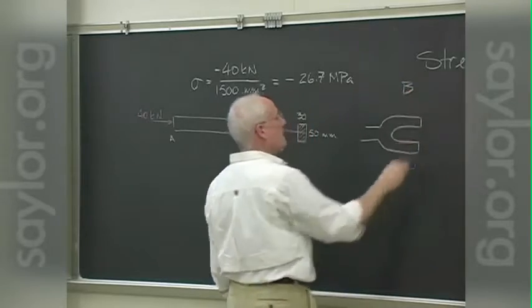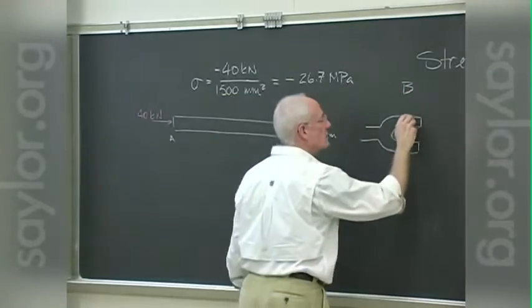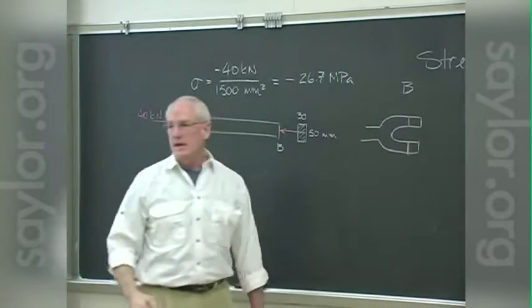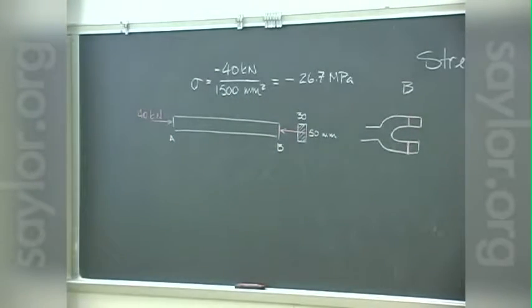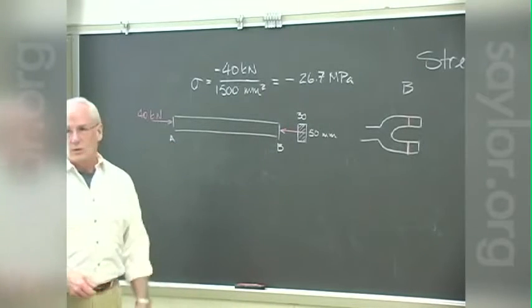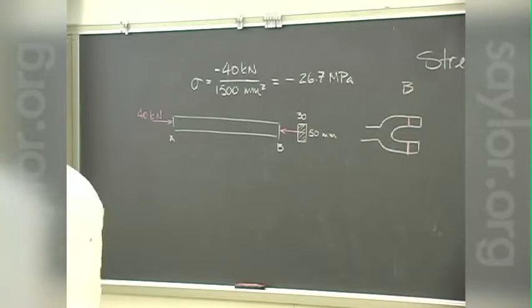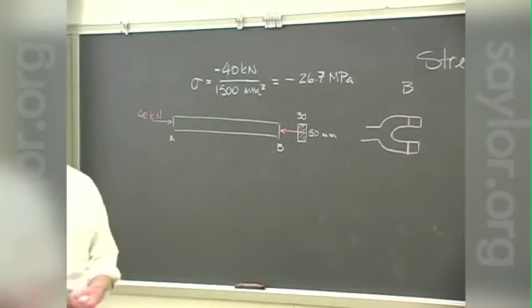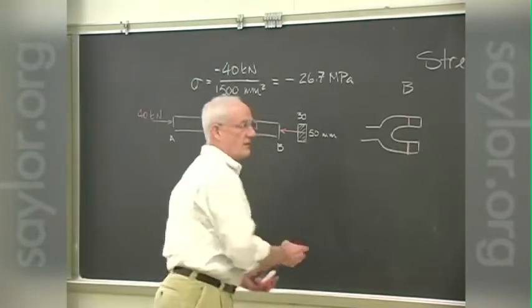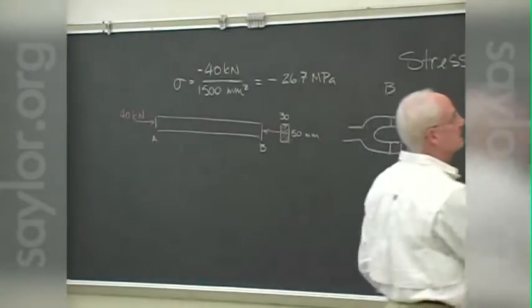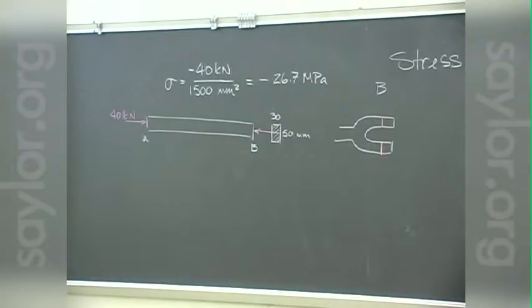This is now at point B. It's now this cross-sectional area that needs to withstand the same 40 kilonewtons that was in the rest of the piece as a whole. I think by inspection, you can see that there's more area there, so that's going to be of less concern in terms of failure than the original piece, the center of the piece.